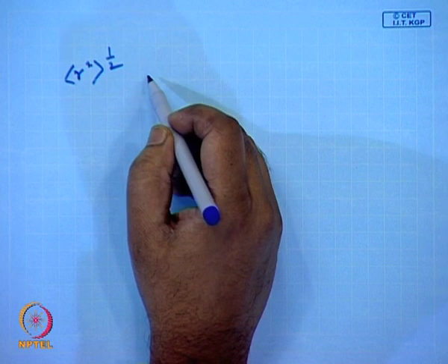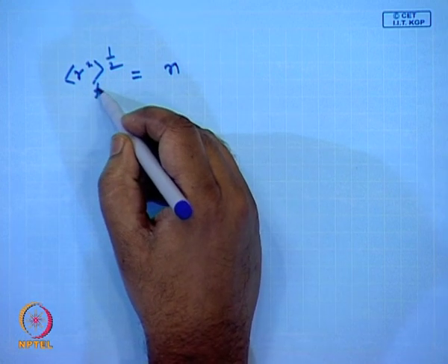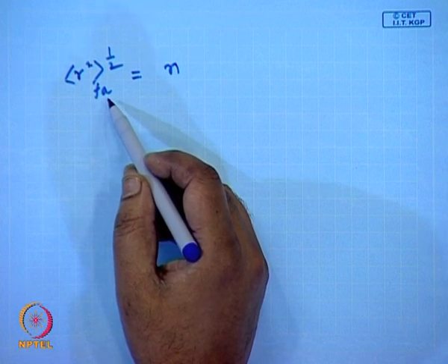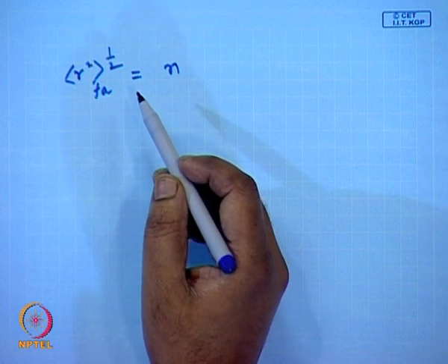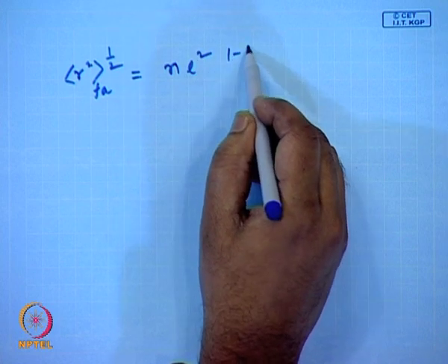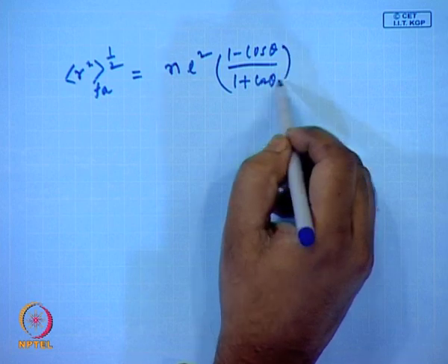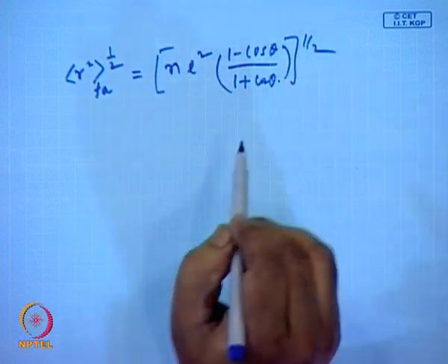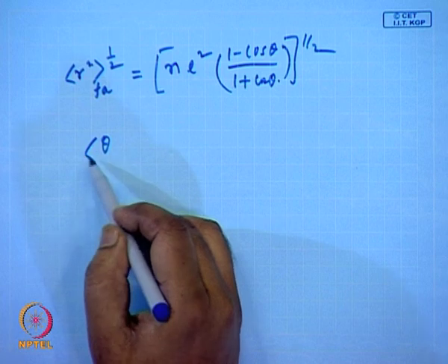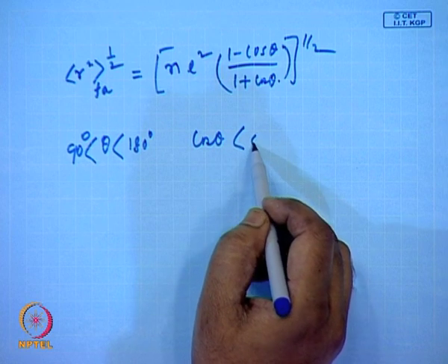Now, it can clearly be shown, writing FA for the restriction coming from bond angle, that this expression involves 1 minus cos theta over 1 plus cos theta. In most cases, for carbon carbon bonds or other bonds, theta is between 90 degrees and 180 degrees, so cos theta is less than 0.